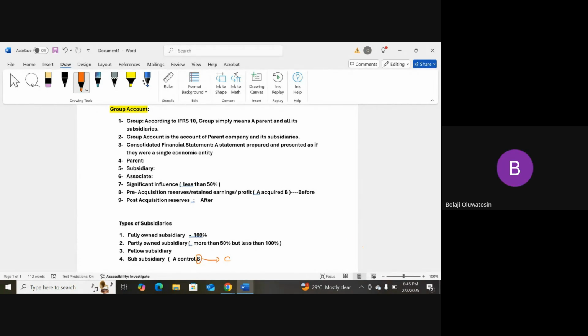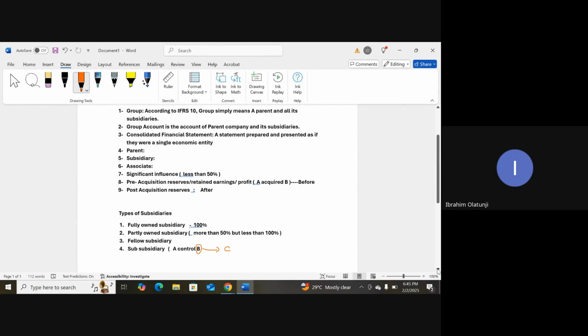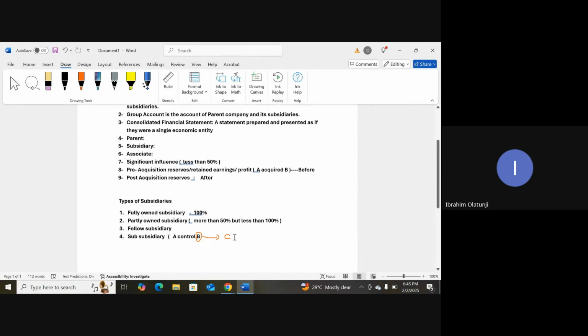Another thing that we can also think of, we call it foreign subsidiary. When we say foreign subsidiary, what we are saying is that a subsidiary is located in a country other than the country of the parent, we call it foreign.